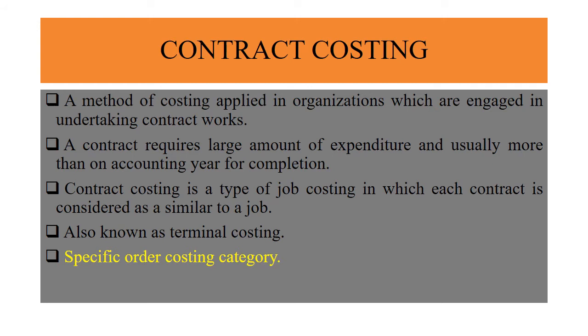This method is used by builders, civil engineering contractors, constructional and mechanical engineering firms, etc. In other words, the industries suitable for this method of costing include those engaged in construction, building roads, bridges, or other construction work, and even undertaking engineering products.